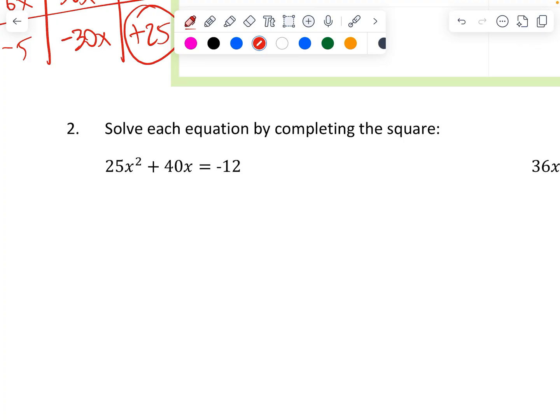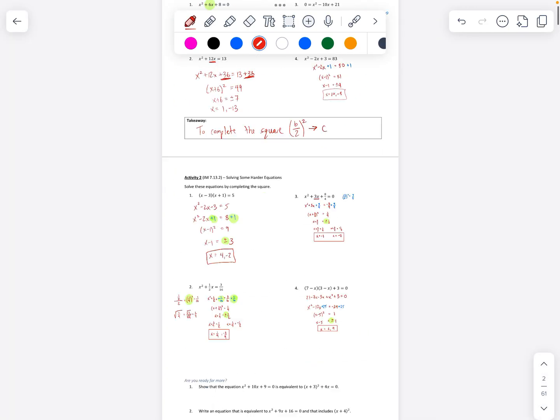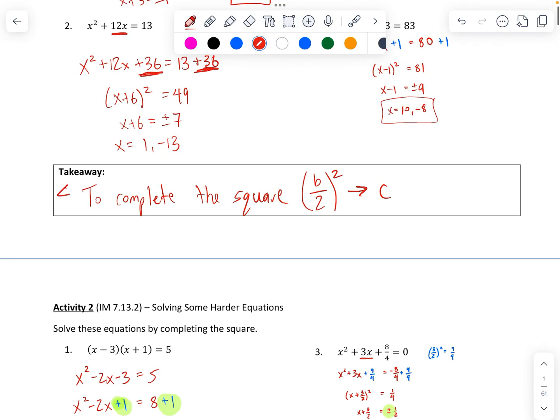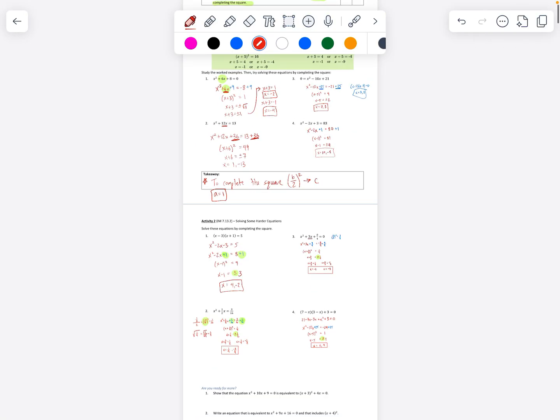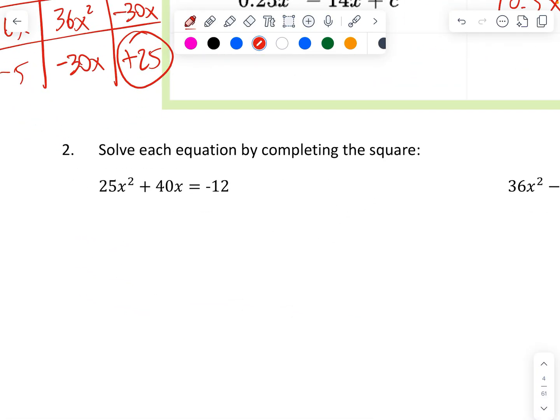Okay, so for question number 2, you could do it 2 different ways. We know how to complete the square. Oh, and sorry, I forgot to mention this, but take note of this. This only works if the A value is 1. That's very important. Hopefully, highlight that. But this A value is not 1, so you can't use B over 2 squared.